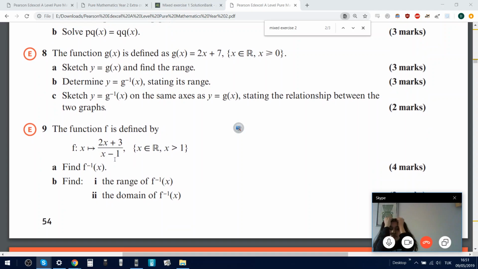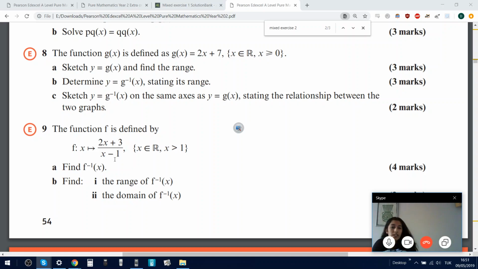How do you do that? The range of the inverse is the domain of the normal one. Okay, so this is the normal one. So they just give you 2x plus 7 and they say what is the range. Oh wait, where are we? I'm looking at the wrong one. 8.